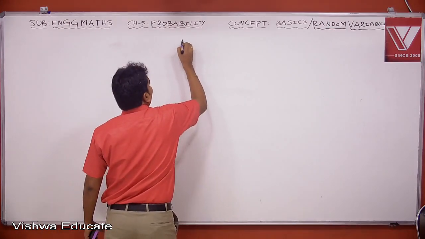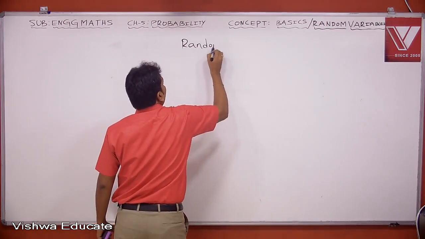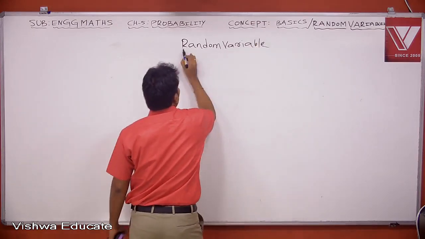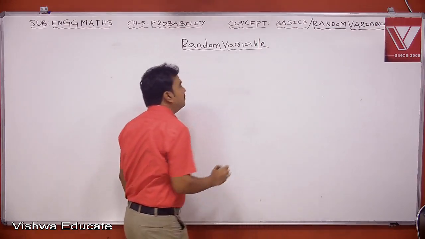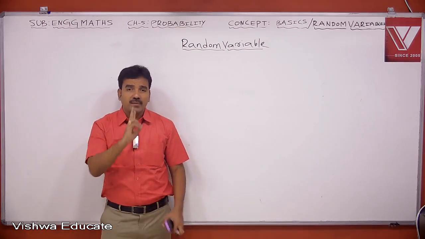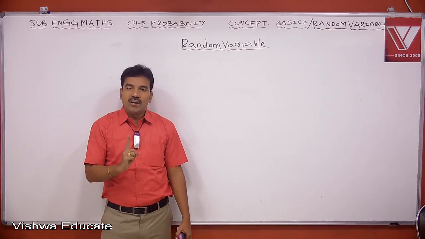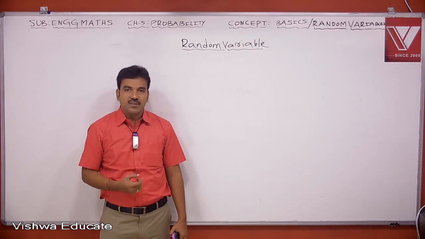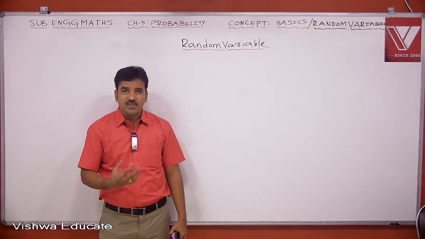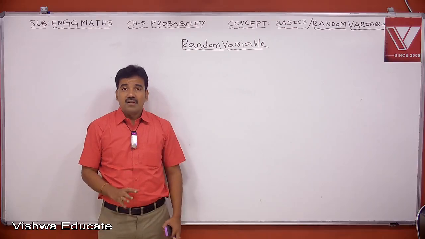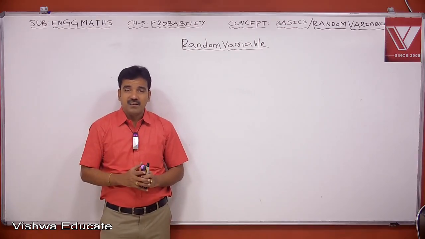Concept: random variables. Very, very important concept. Now let us see. Generally we frequently come across 2 types of words in mathematics. One is constant, another is variable. Suppose I am conducting an experiment. What is my experiment? Just noting down the temperature of a particular city from morning 6 to afternoon 2 o'clock, for example.